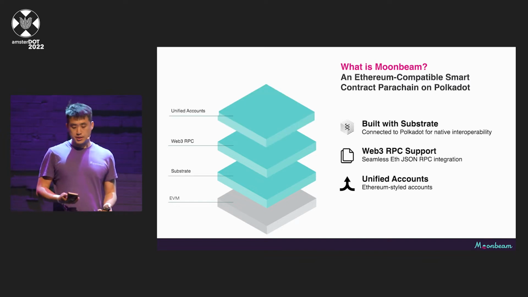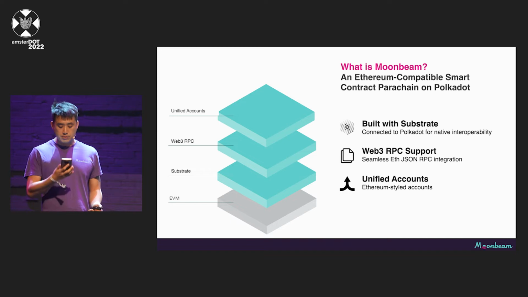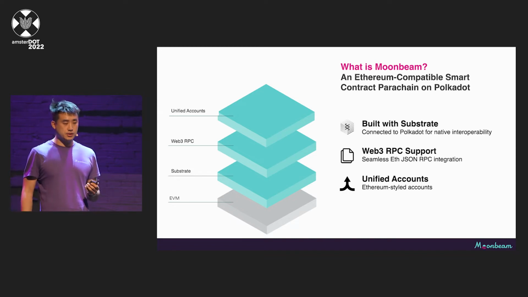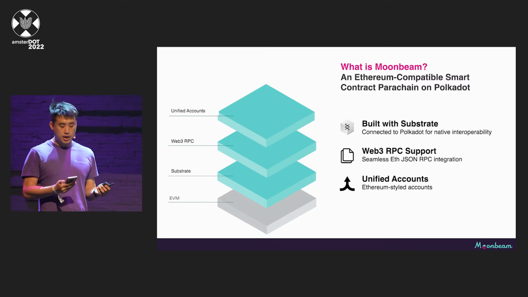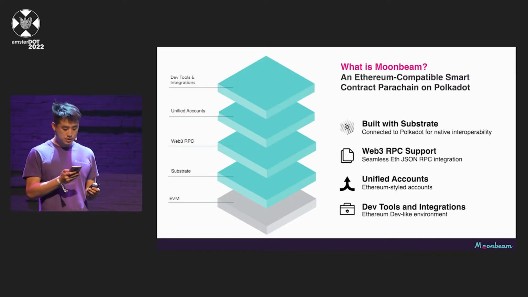The next part is we have a unified account system, which means that we use the same address format and the same signing scheme as Ethereum. We are going to have a full section on this later, so I'm not going to go too much in depth now.